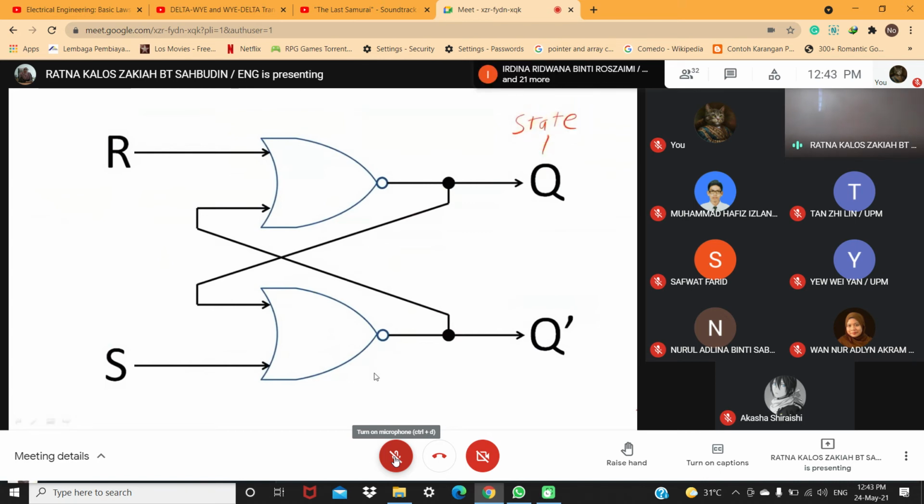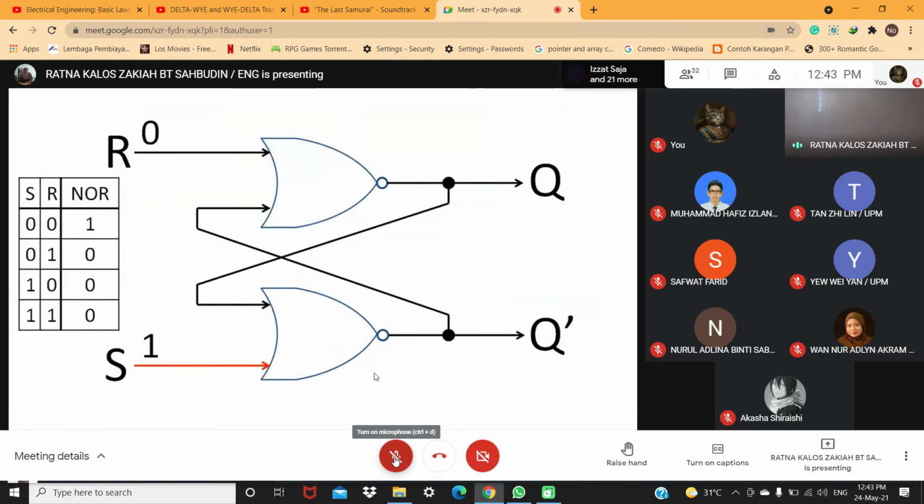To demonstrate how the circuit works, let's assume that we do not know the values of the state or its complement, but that we will input 0 and 1 to R and S. If either of the inputs to a NOR gate is 1, the output is 0. So we know that Q prime will be 0 regardless of the feedback from Q. Since R and Q prime are 0, the state will be set to 1.